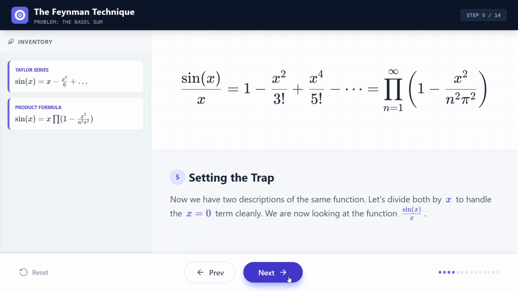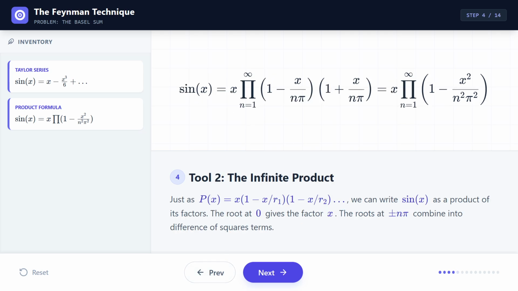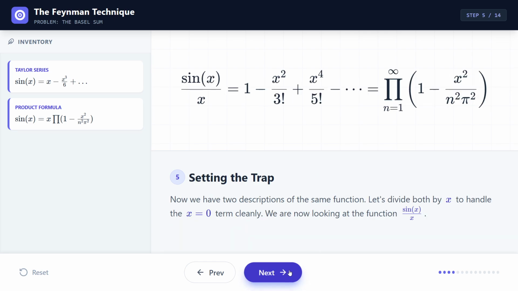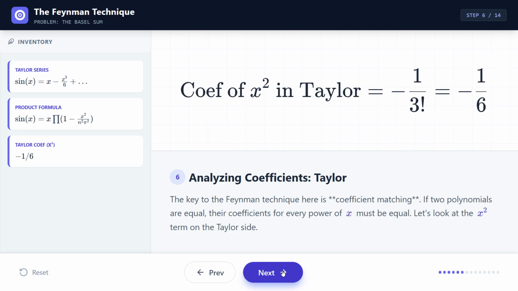All right. So let's see. Continuing from here, we can divide both sides of sine x is equal to this by x. And we get this is equal to this. All right, great. So now what do we do?